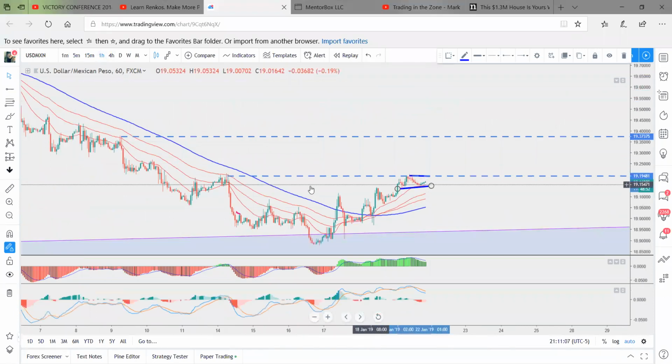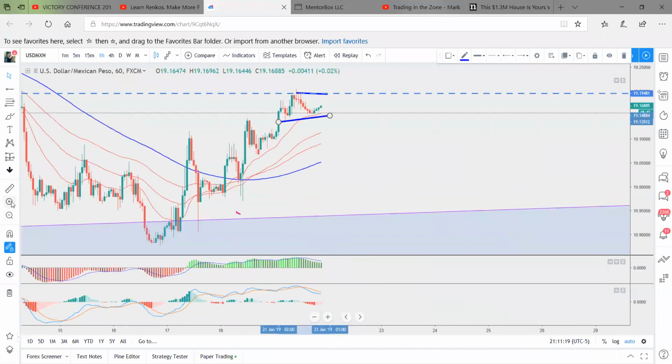But because this is the first push up, it could get to this one, reject, and pull down a little bit deeper and then shoot up. But that's your first take profit, and it doesn't look like a lot, but with this pair it is. It moves fast and furious. It's like 200 pips.